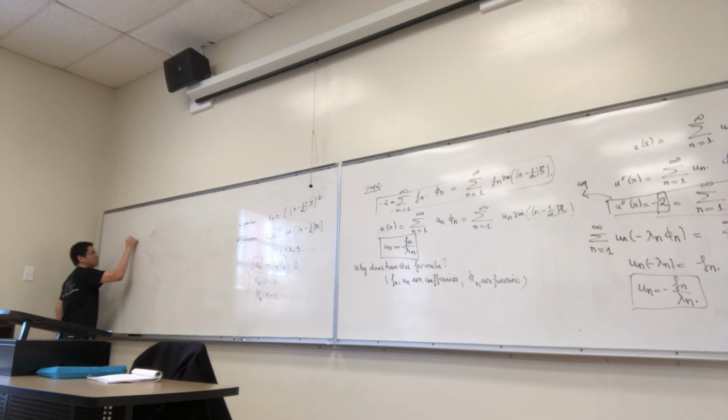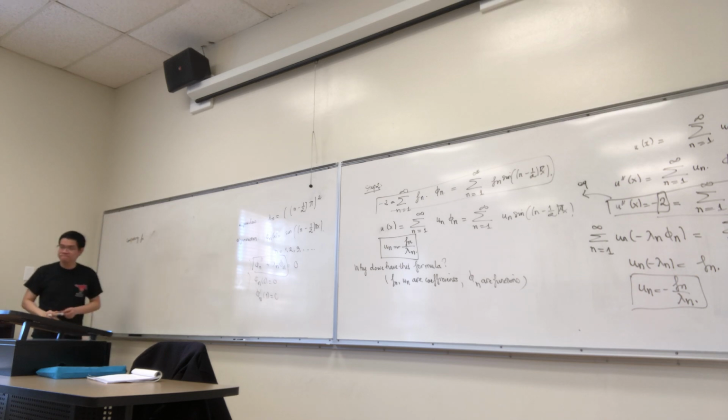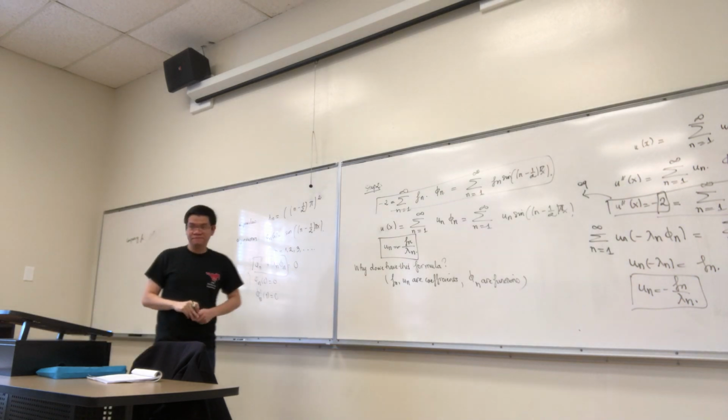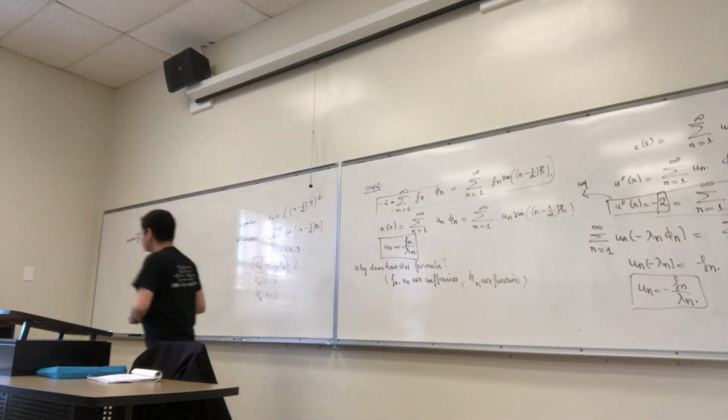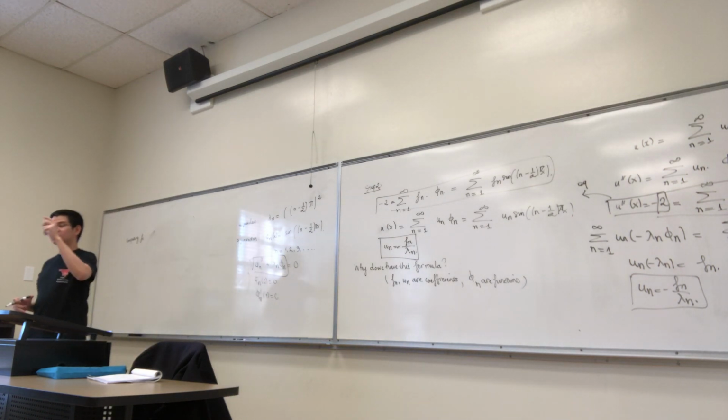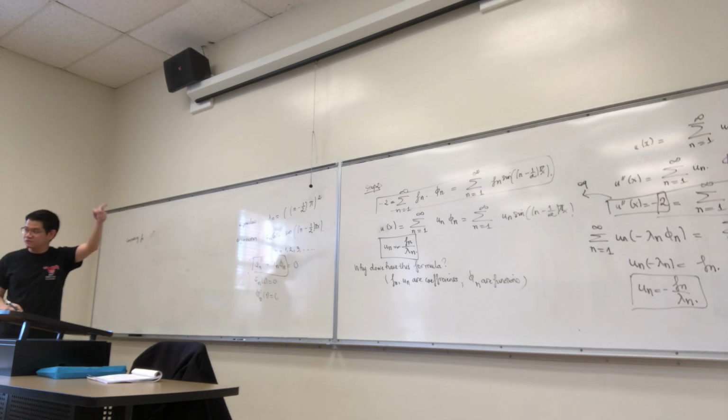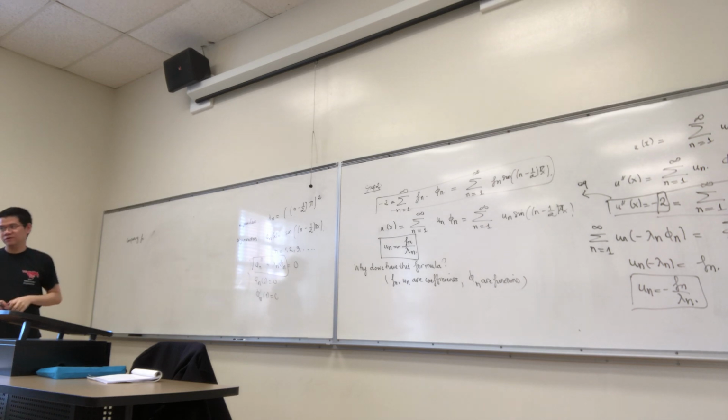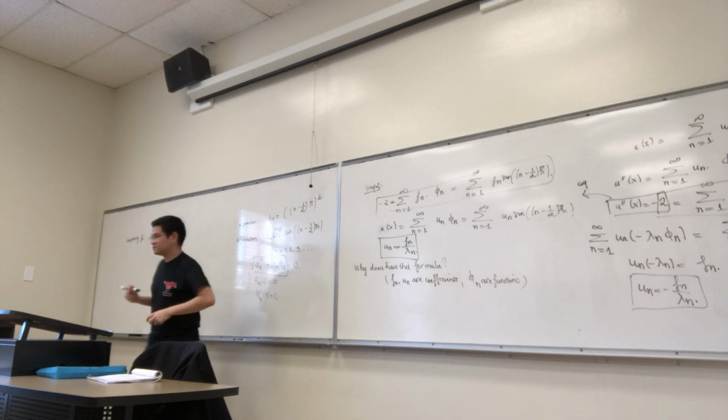All right. So how do we compute fn? You use Fourier's trick. You use the formula that you have, which is similar to the Fourier coefficient, right? Then you sign it back.